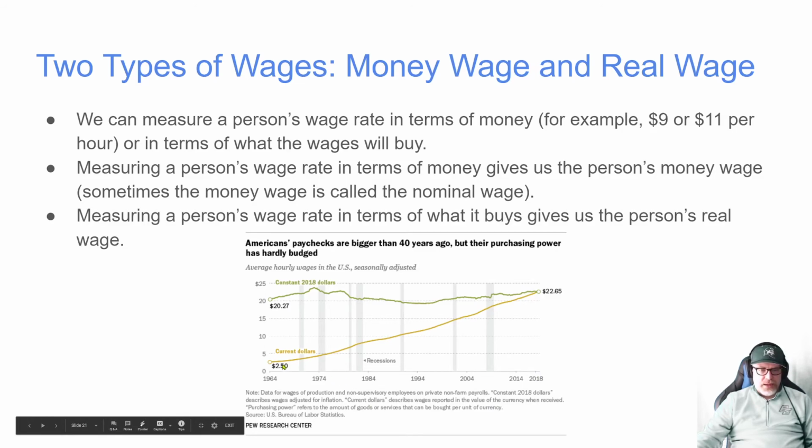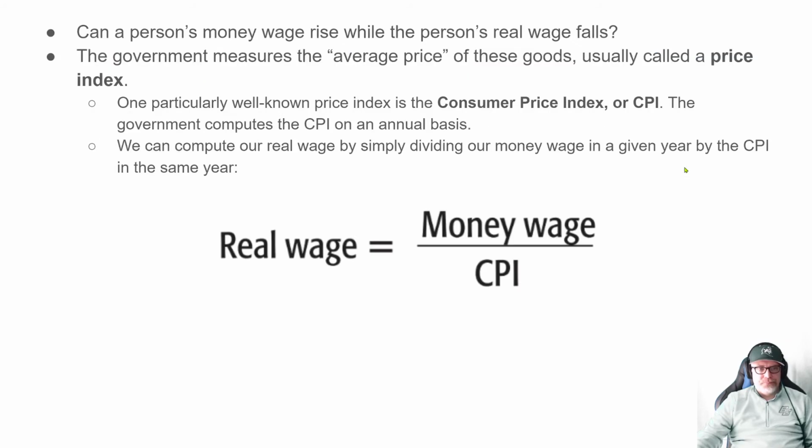Because if a person was paid $1,000 in 1964 versus a person that was paid $1,000 in 2018, the person in '64 could have bought an incredible amount of goods. The person in 2018 couldn't. So what's going on here? It has to do with these two things, your money wage and your real wage. Money wage is what you're being paid. Real wage is what you can actually spend that money on.